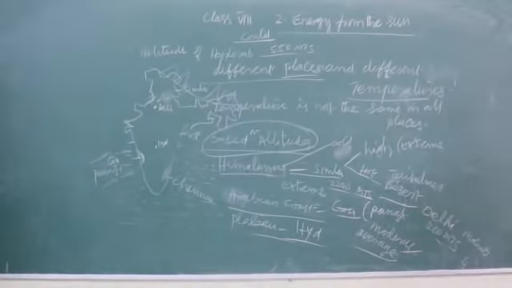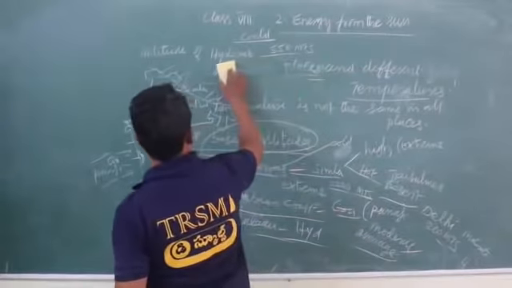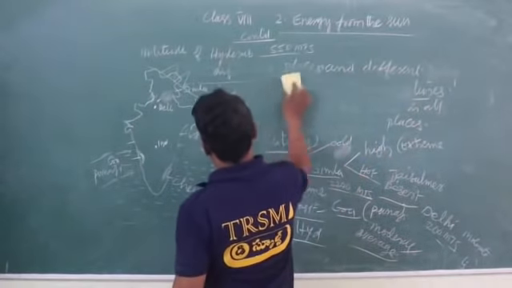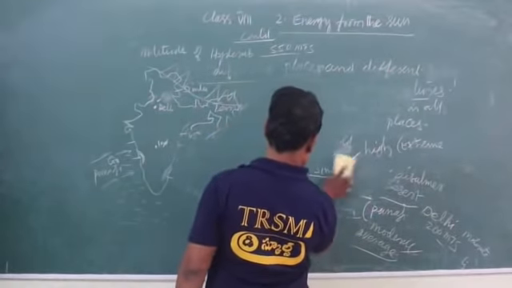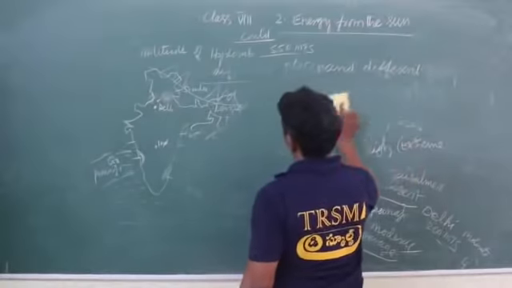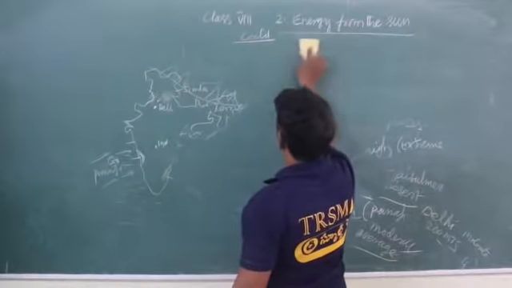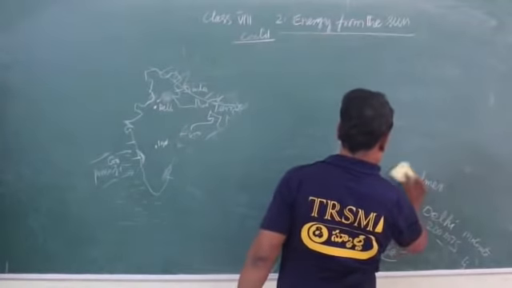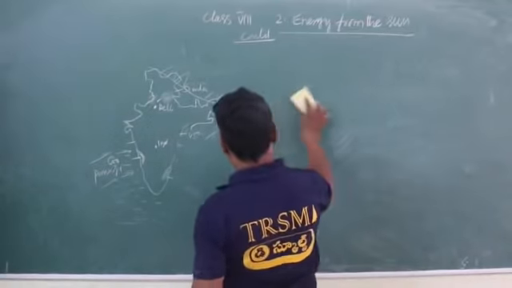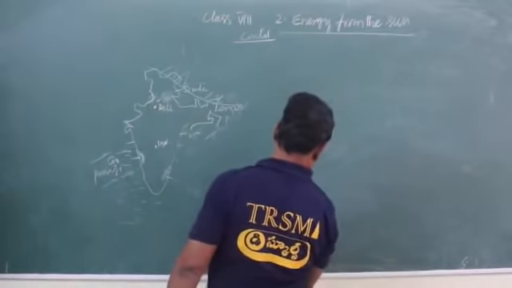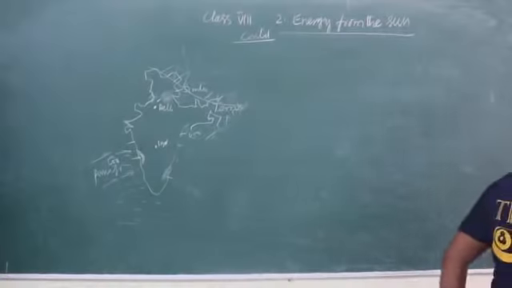So now we shall find how the temperature is recorded. Suppose for example take Goa, that is Panaji. Here one table is given, I will show you that.